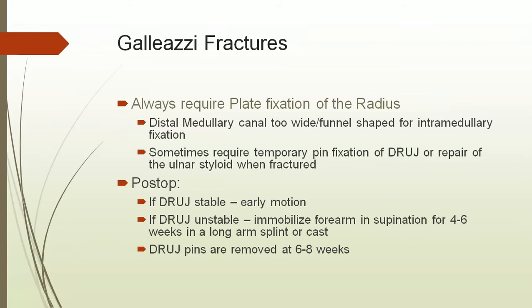If the distal radioulnar joint is stable, we need to go for early movement. Early motion can be encouraged. And if the distal radioulnar joint is unstable, then you need to immobilize the forearm in supination because the fracture is at the lower one third of the radius.